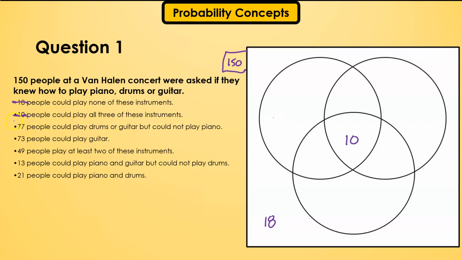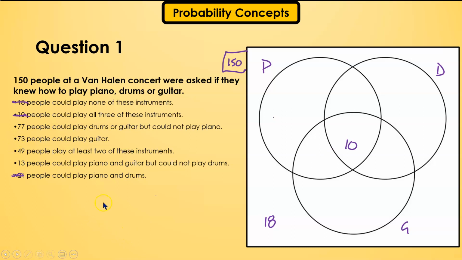77 people could play the drums or guitar, but could not play the piano. So what that means is I need to label the different outcomes. So I'm going to come back to that one. 73 people could play the guitar.